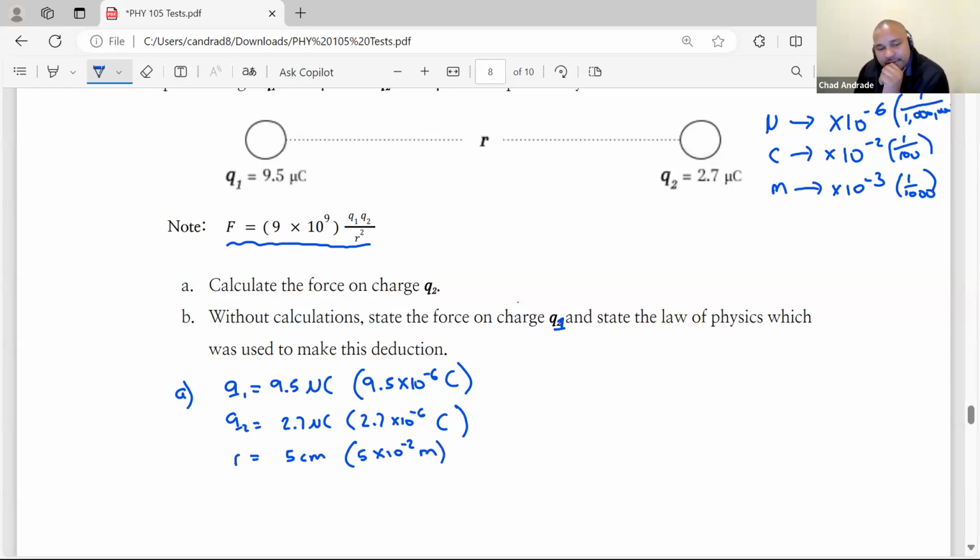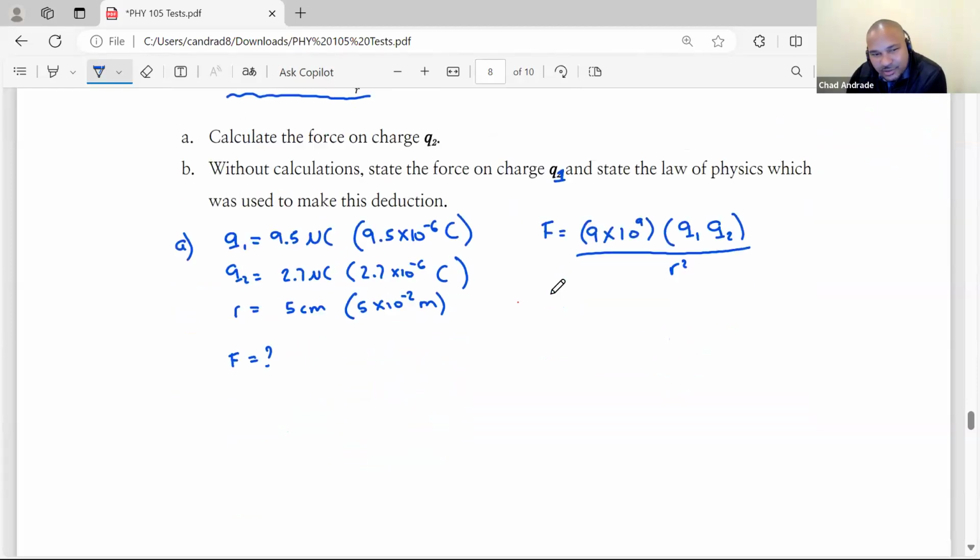Now, what we want is the force. And for this question, the force is going to be equal to this huge number, 9 times 10 to the 9, right? So it's a big number. This is actually like 9 billion, right? Times Q1 times Q2, and you put all of this over R squared. So this is the part that's tricky. The part that's tricky is not writing down the numbers, right?